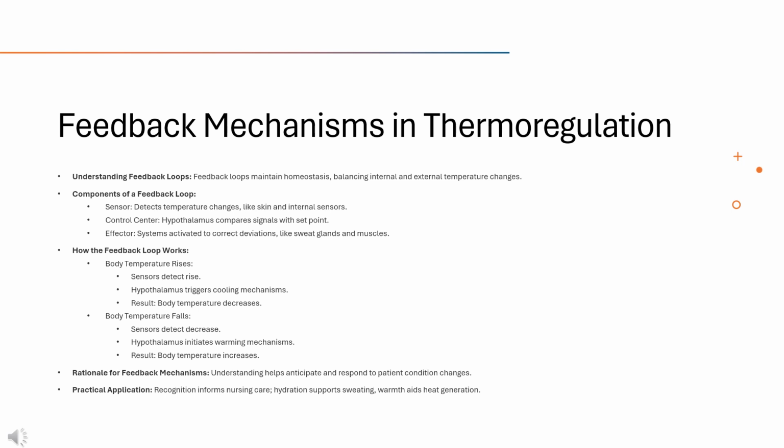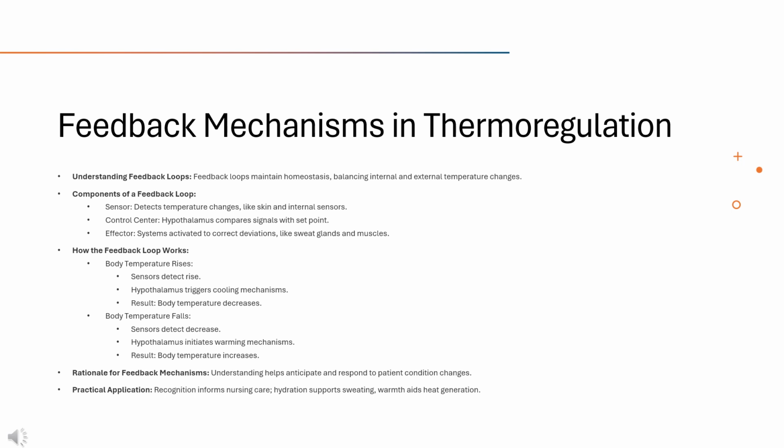Understanding these feedback loops isn't just academic. It has real-world applications, especially in clinical settings. Knowing that the body will try to generate heat when cold or cool down when too hot helps us to anticipate our patient's needs. If these natural mechanisms are overwhelmed, like during a fever or serious hypothermia, our timely medical intervention can be crucial in supporting the body's efforts to stabilize.